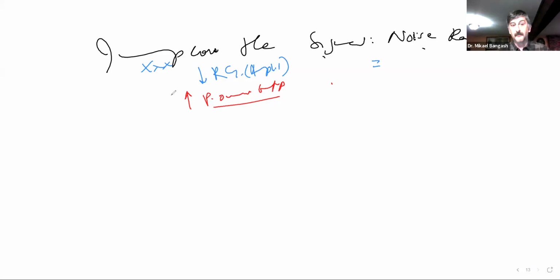Increase the time gain compensation. Time gain compensation has no effect upon your signal to noise ratio. Did that make sense?